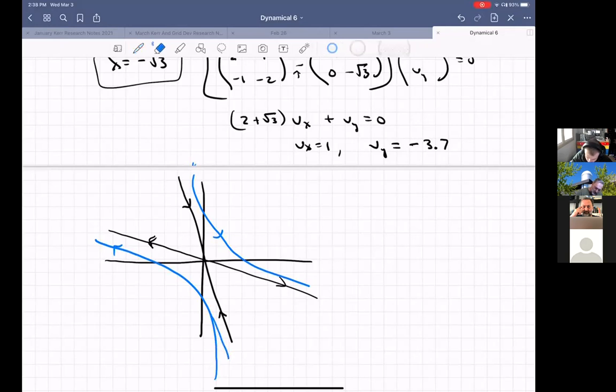It's going to have to asymptote to this line, right? So it asymptotes out to this black line. It's going to come from close to here, but peel off. And then in here, it comes in and then bounces out, or it comes in and then bounces out like that. So that's my flow.